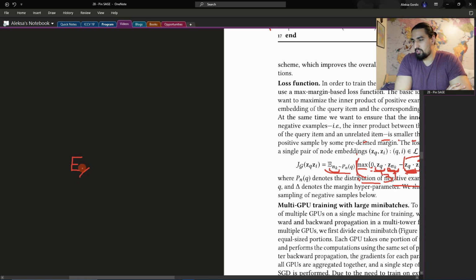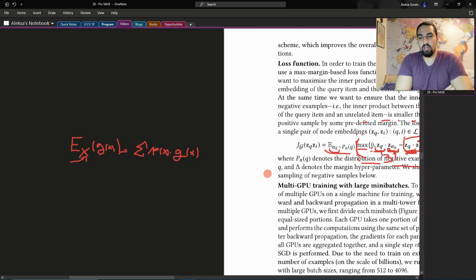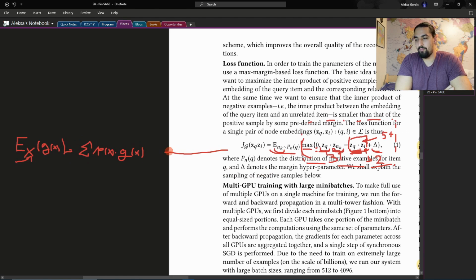The expected value of a function g of x of a random variable X, where small x is one of the possible outcomes of this random variable big X, is just a plain sum of the probability of those outcomes times the value of the function g at that particular outcome x. Let me now contextualize and associate these two.